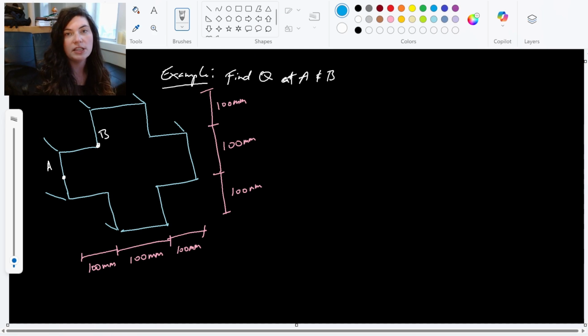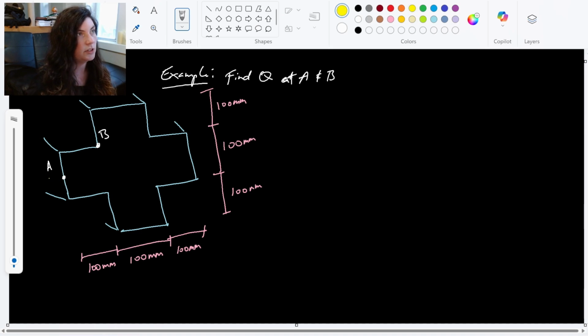So the very first thing we need to do is find where the centroid is. Thankfully, this shape is really easy to tell where the centroid is. We don't actually have to go through the full centroid equation because it's perfectly symmetrical on top and bottom. So we know that the centroid is going to fall exactly halfway through the shape.